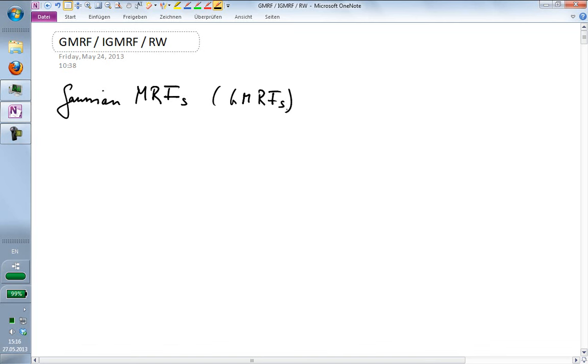The first member of this family that made its appearance in image analysis was the random walker, and this was a particular seeded segmentation algorithm with nice theoretical properties, but a bit slow in practice.